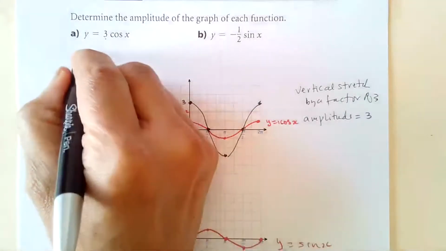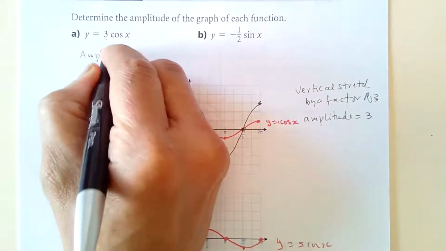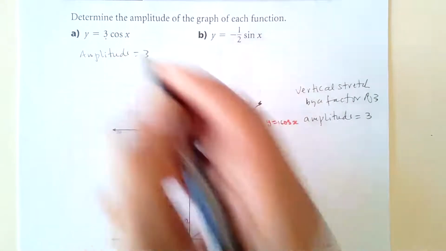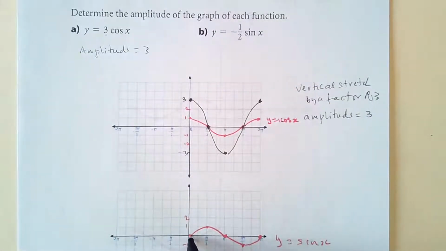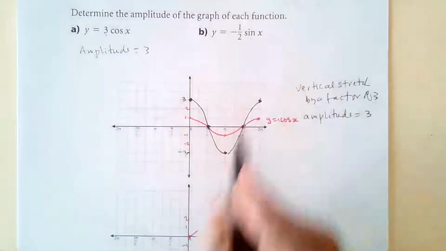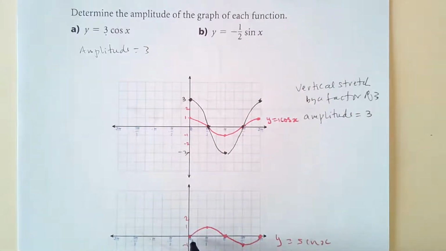So the amplitude equals 3. Now here we have our sine function, but we have a reflection of a half. So now we have a half, but it's a reflection. So we have a half here, so a point here.